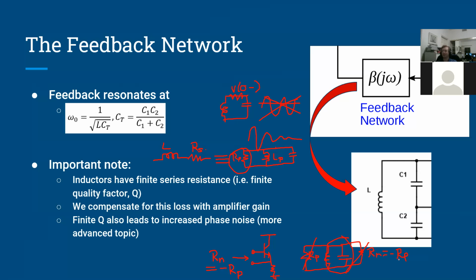The reason is because as the amplitude of that oscillation gets bigger and bigger, Rn will start dropping in magnitude. So the circuit starts off unstable and the oscillation amplitude keeps growing, which means you're overcompensating. And then once the amplitude gets to a certain level, Rn will start decreasing in magnitude until it reaches exactly minus Rp. And at that point, you'll have a stable oscillation.